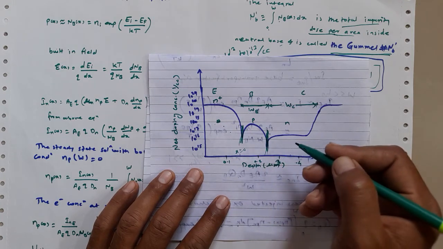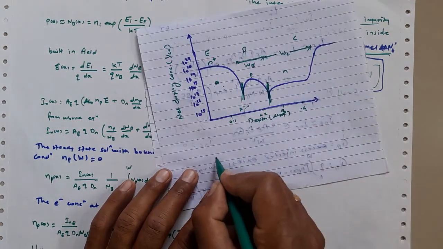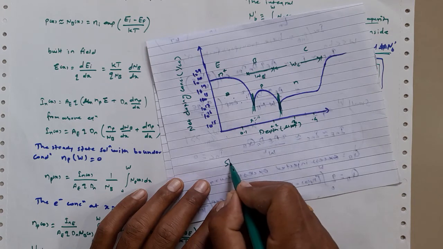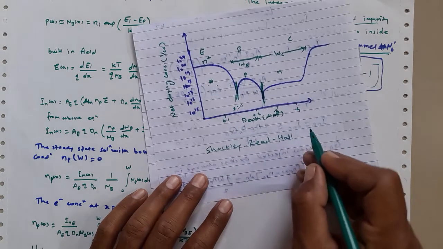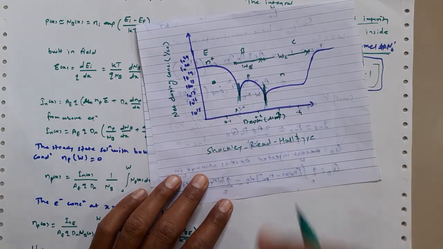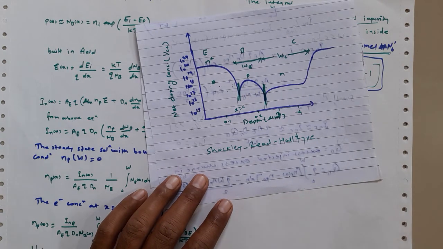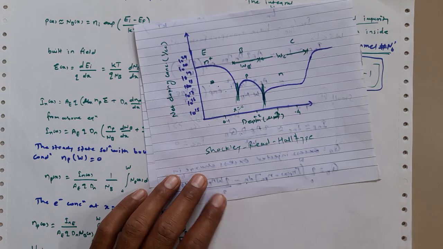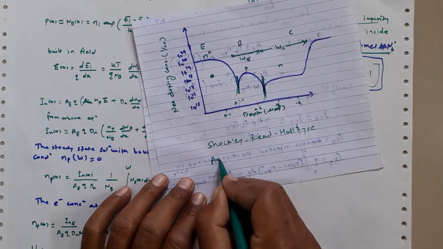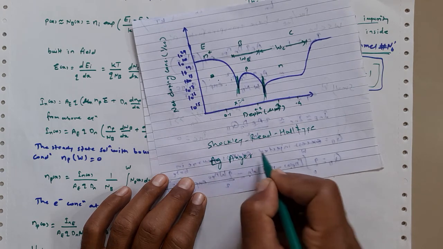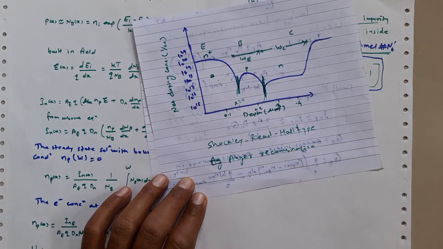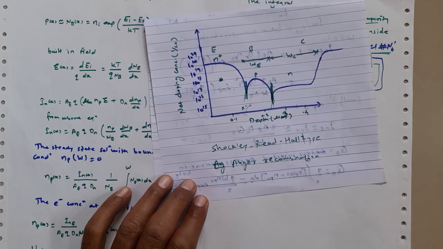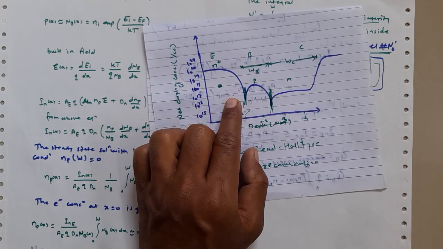One is the Shockley-Read-Hall type, which has already been discussed elsewhere. The other is Auger recombination, which occurs when holes are injected into the heavily doped N plus emitter.